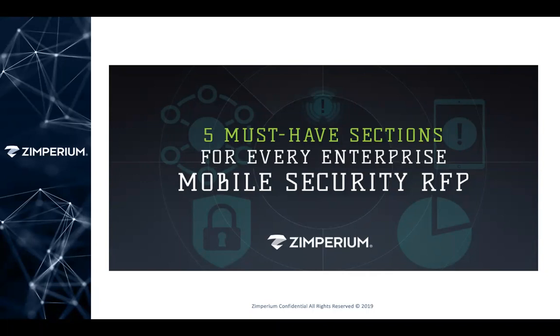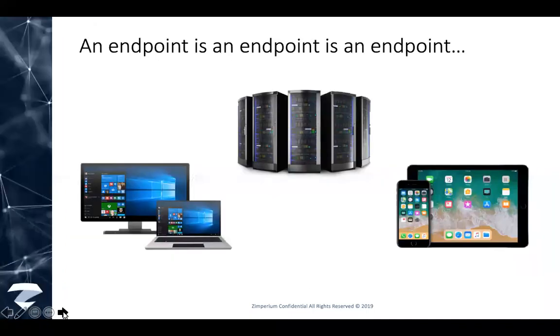So with that, let us dive into part 3 of the 5 must-have sections for every enterprise mobile security RFP. First, we have to frame this up a little bit: an endpoint's an endpoint's an endpoint. It doesn't matter if you have data, whether it's cardholder data or patient data or IP, sitting on a tablet. It's no different than if it's sitting on a laptop. If you needed to protect it on a laptop or desktop or server, you need to protect it on mobile.